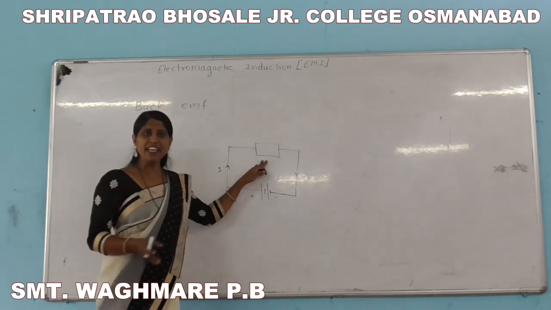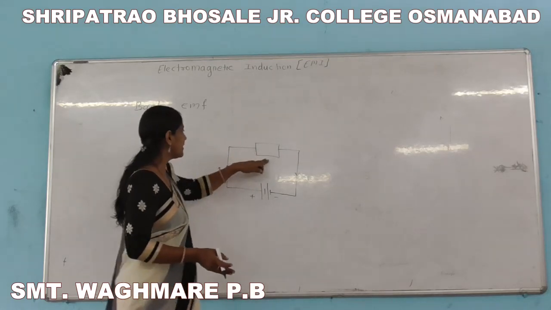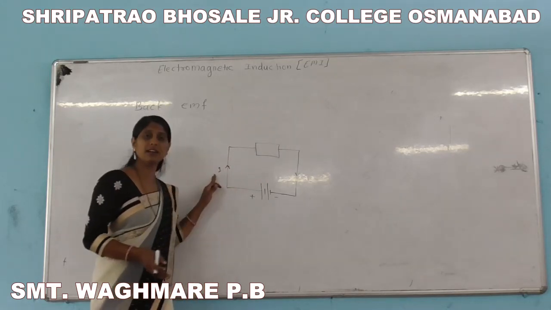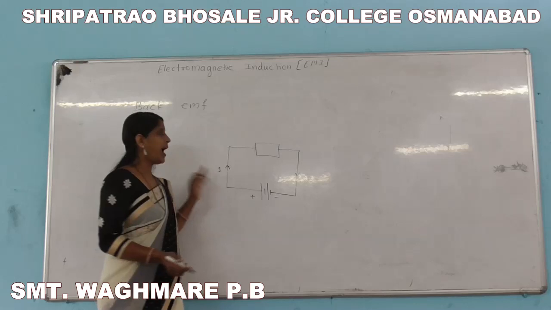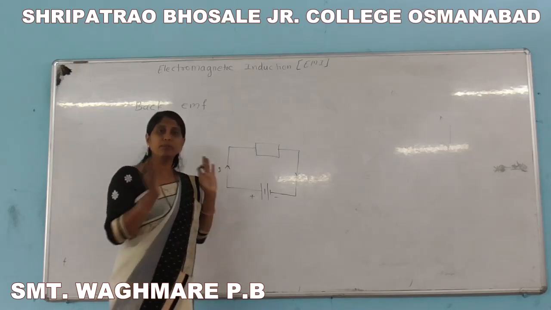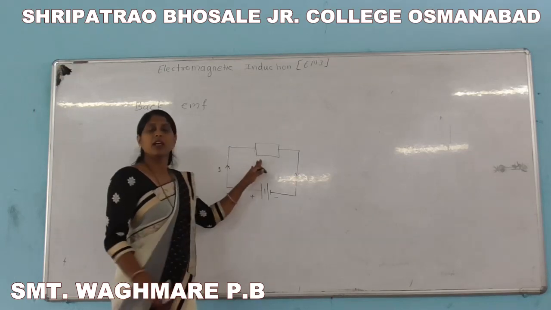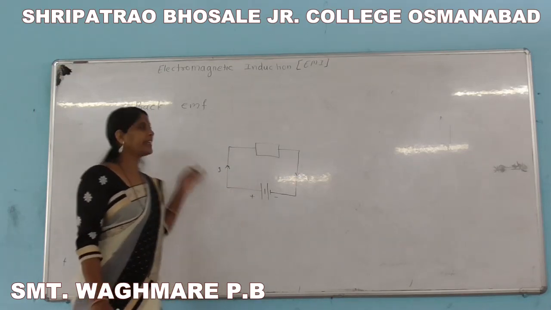The direction of this EMF and current is opposite to the direction of the supply current, and this produced EMF which opposes the current is called the back EMF.